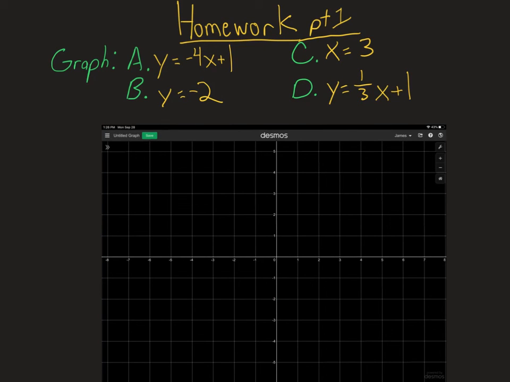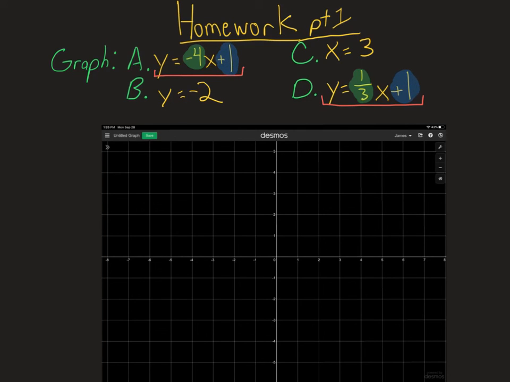Here's your guys' homework. We've got a set of lines for you to draw. There's a couple of normal, and there's a couple of special case. And hopefully you guys are starting to see which is which. The normal lines are A and D, the normal graphing type equations, because they've got a slope right there, and they've got the intercept, the y-intercept.